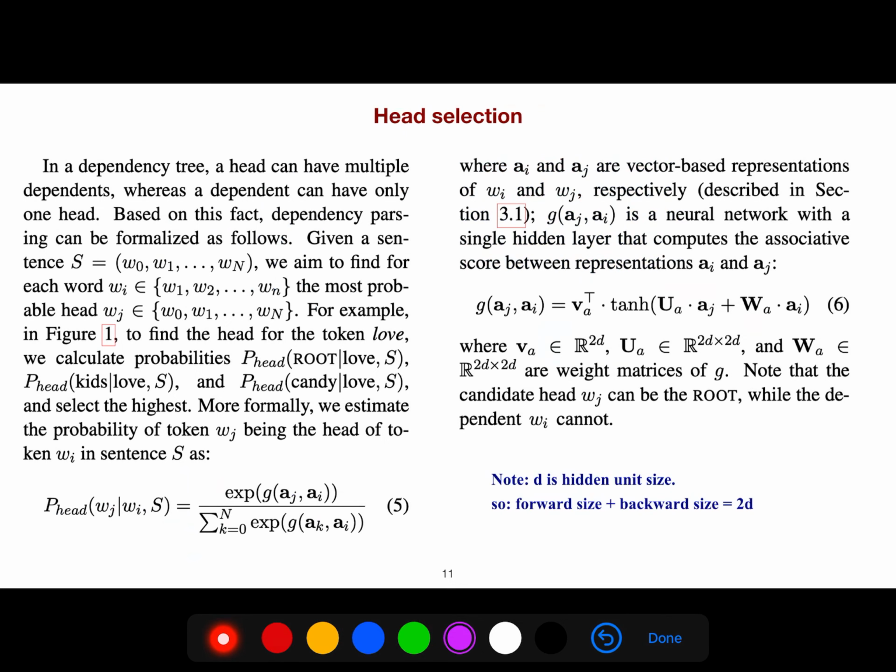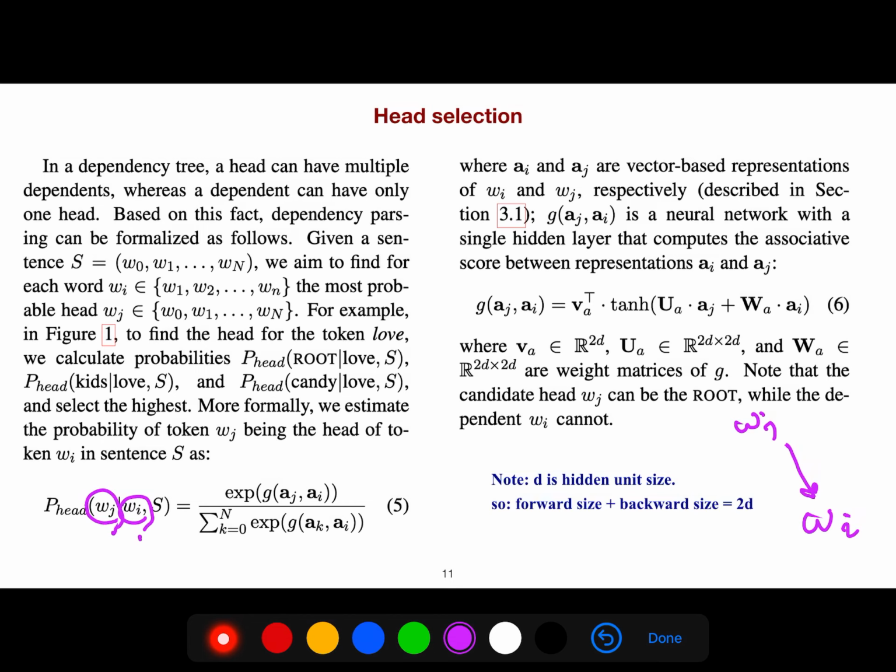In head selection, for example, we ask, given a word, what is the probability that omega j is the parent, the head of that word? So given omega i as a dependent, what is the probability that omega j is the parent or the head?